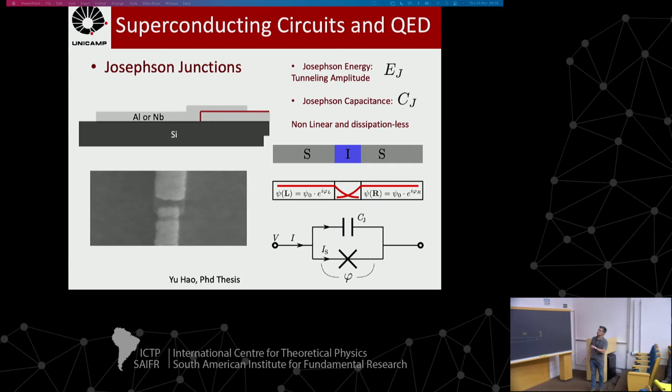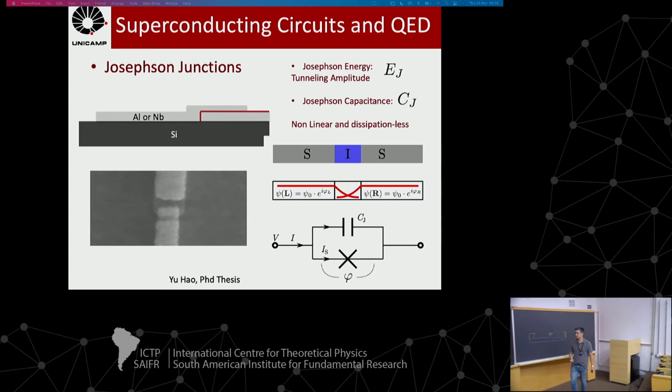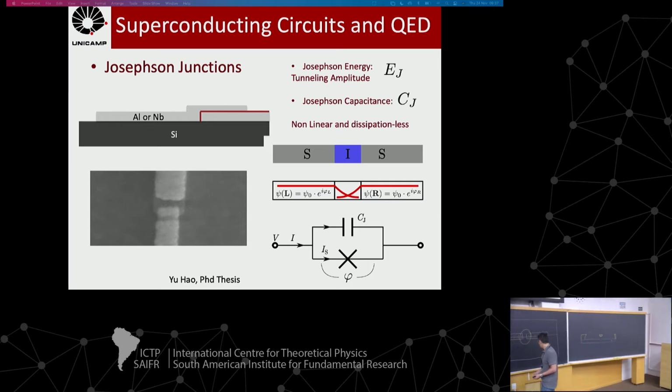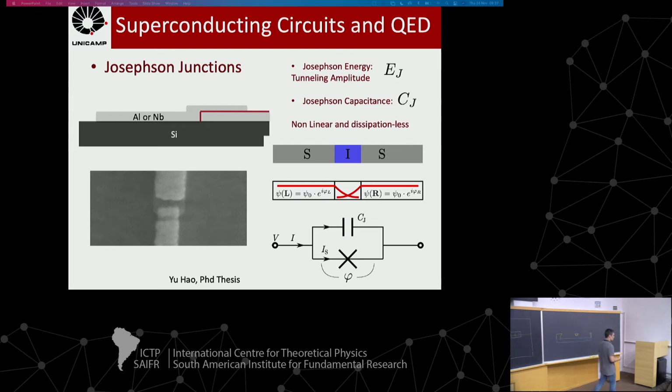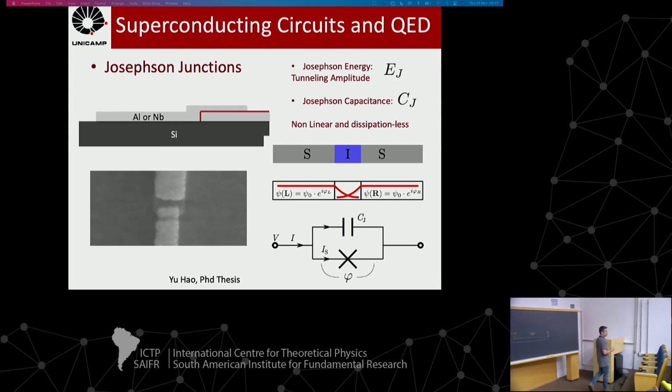That is a superconductor, some barrier, and a superconductor. How did the guys do that? They put this sample in a machine to do evaporation of superconductor material. One of the easiest ways to make this kind of junction is to use aluminum.